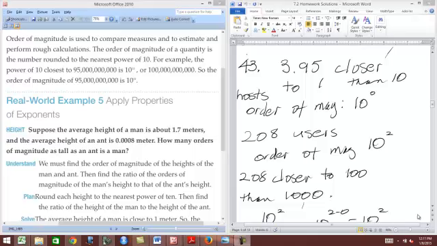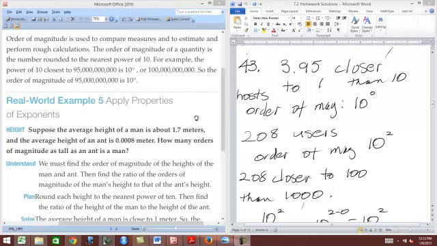Now, the average height of an ant is exactly 0.0008, which is about 0.001, or 10 to the negative 3. So the height of a man, because he's around 1 meter tall, and we're talking about powers of 10, the closest he is to is 1. So the man is 10 to the 0, which is 1.